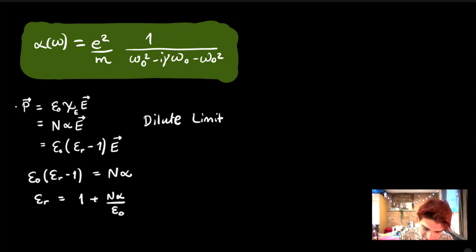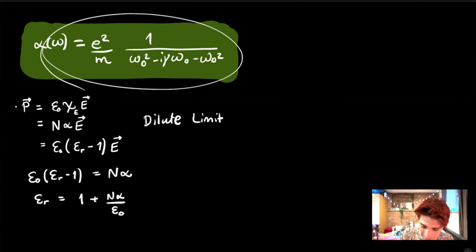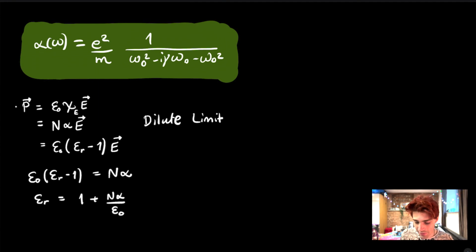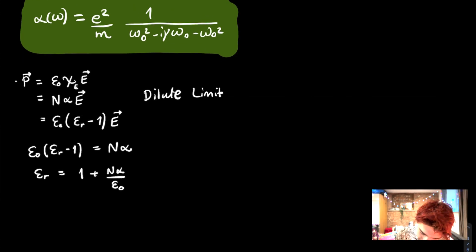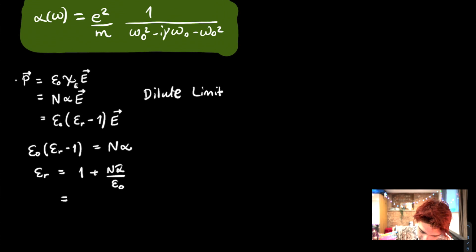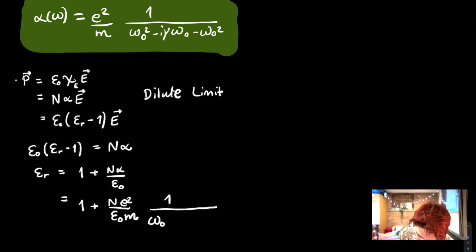But of course, we said in the last video that the polarizability is a function of the driving frequency of our system, with this formula right here. So we can substitute in for alpha this big formula. We get 1 plus n divided by epsilon naught, e squared divided by m, times our oscillatory term, which has all the various different frequencies.